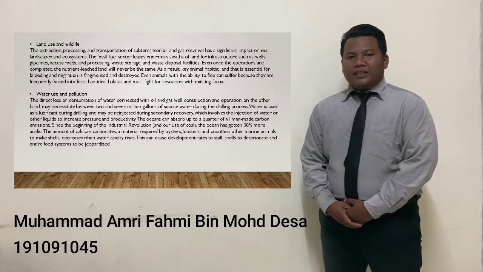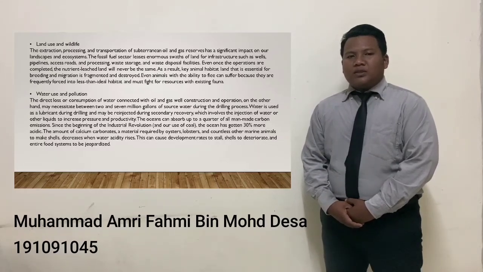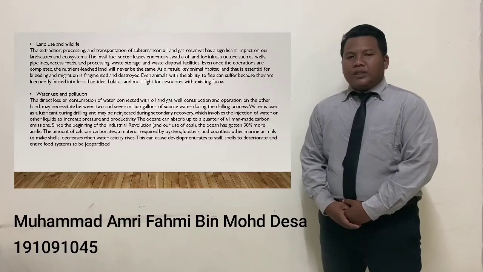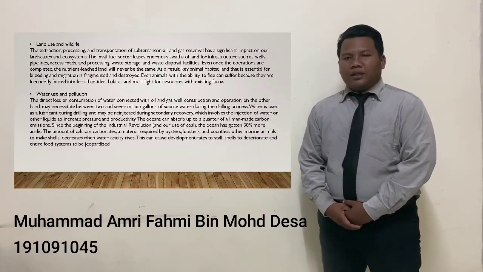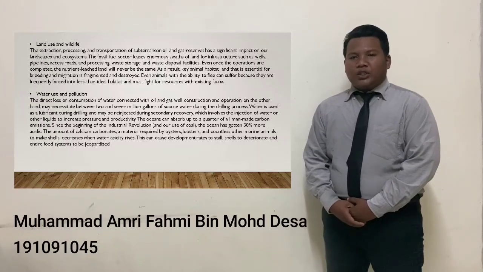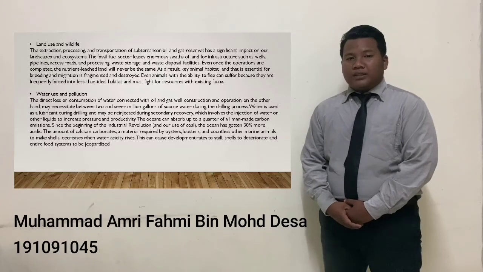On the other hand, drilling necessitates between 2 and 7 million gallons of source water during the drilling process. Water is used as a lubricant during drilling and may be injected during secondary recovery, which involves the injection of water or other liquid to increase pressure and productivity.